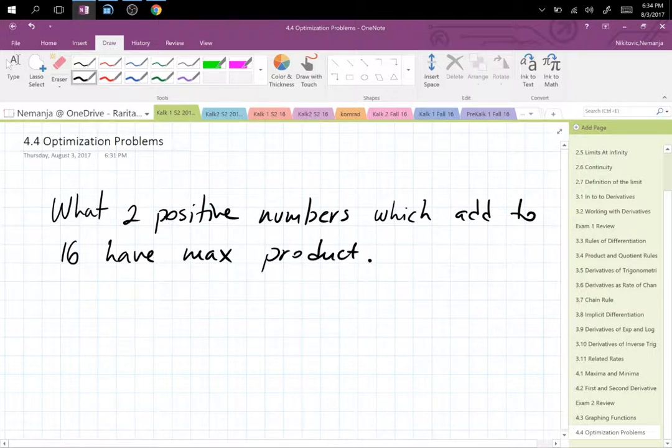Which two positive numbers which add to 16 have maximum product?